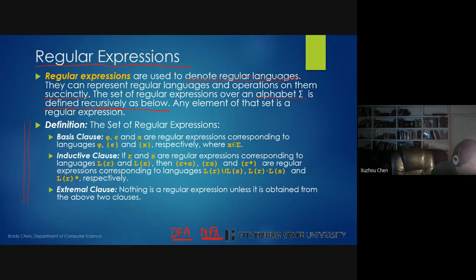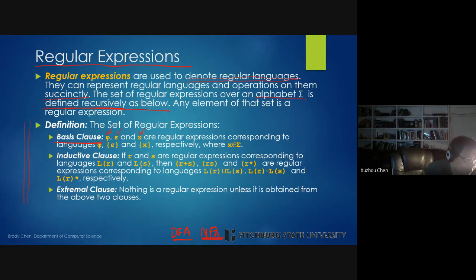First, you can build the set of regular expressions that way. The first part is the basic clause. We view phi, epsilon, and x as regular expressions.